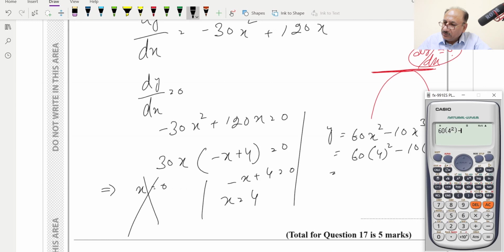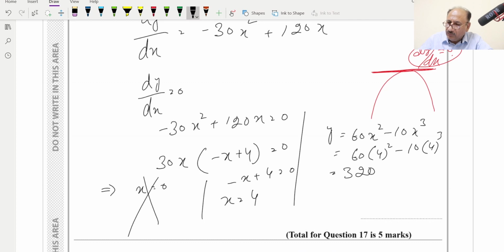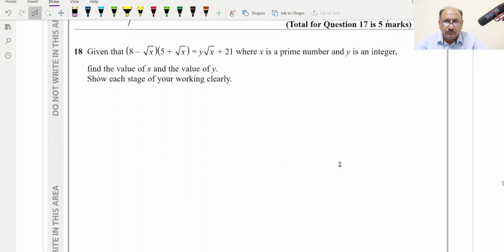This will be equal to 320. So the y value will be 320. Hopefully you understood this.